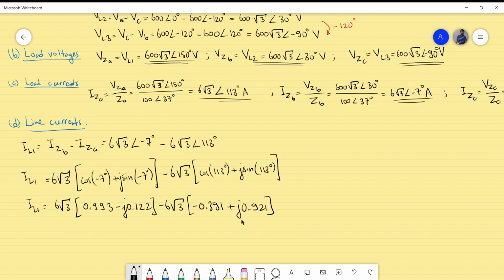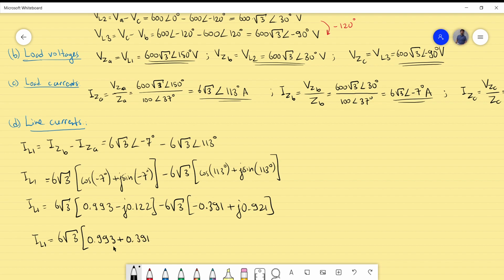Now you have to add the real parts and imaginary parts, and I know they all have the amplitude of 6 times square root of 3, so I will take that out. So I will have 6 times square root of 3, and I will add this to this, but I have a minus sign, so I will have the following: 0.993 plus 0.391.